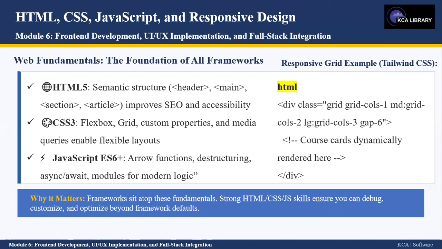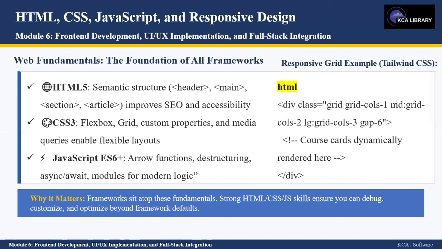Frameworks sit atop web fundamentals. Strong HTML, CSS, and JavaScript lets you debug, customize, and optimize beyond framework defaults. HTML5 has semantic tags like header, nav, and section, and it has improved search engine optimization and accessibility.